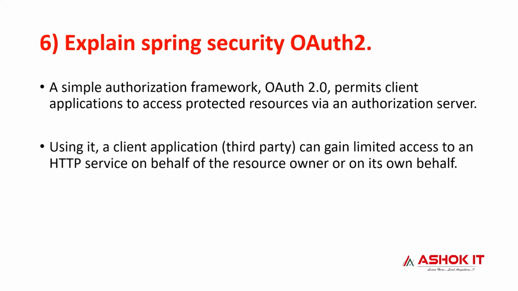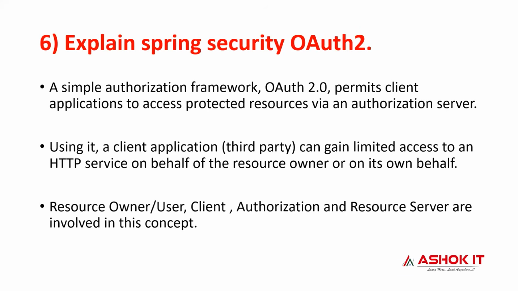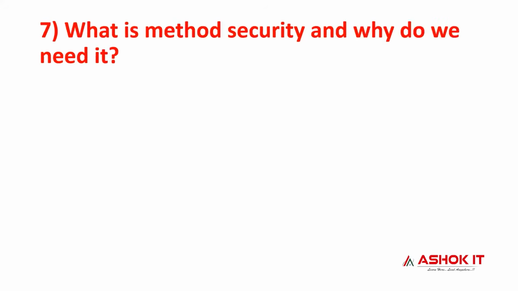So our application is called the client application, which gets access from the authorization server on behalf of the resource owner, or the user who is trying to log in. Here, there are different terminologies. Resource owner is nothing but the end user. Client is nothing but the application that you are trying to access. Authorization and resource server is the one providing the security mechanism, like Facebook, Google, and GitHub applications.